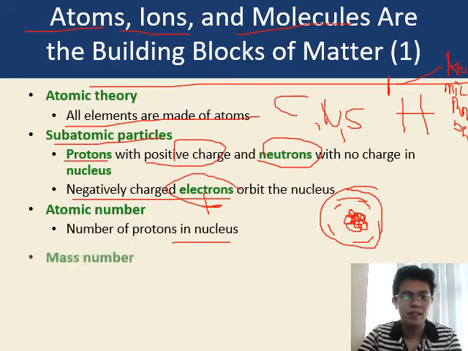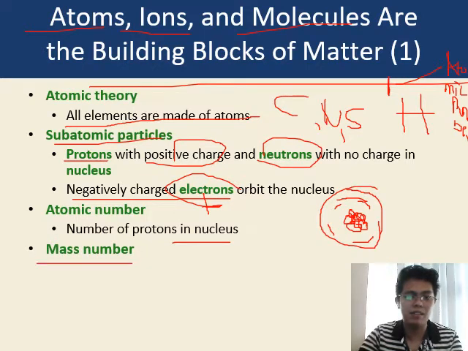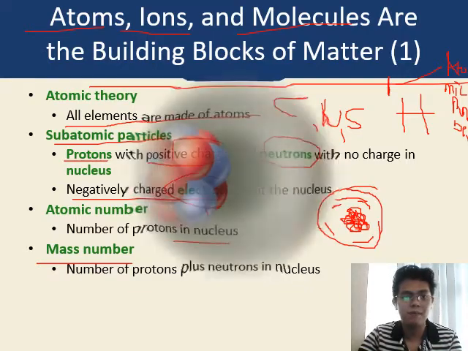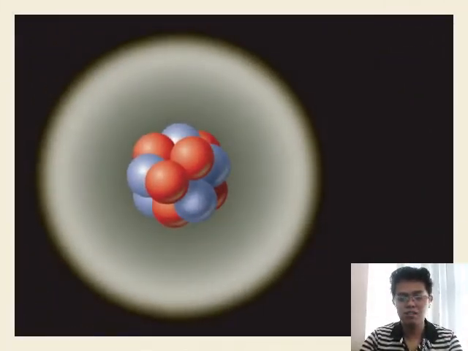So another is the mass number. The mass number is just the number of protons plus the neutrons in the nucleus. So the total number of protons and neutrons found in an atom's nucleus. Now this picture shows you the atomic model of a carbon-12 atom.